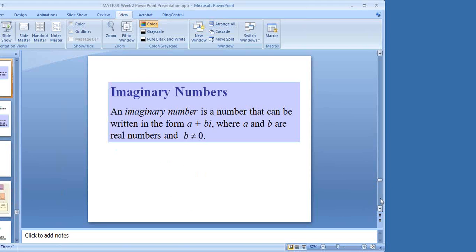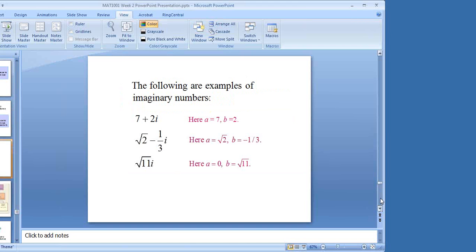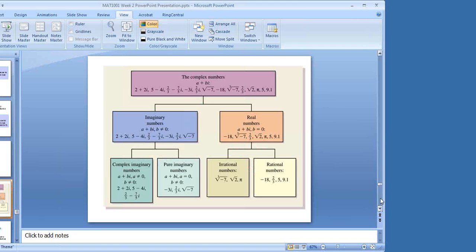Okay, so an imaginary number can be written in the form of a plus bi. For example, you could have like 5 plus 7i, something like that. Okay. So a complex number is in that form, and either a or b could be 0. Okay, I'm going to show you a cool little graphic here.